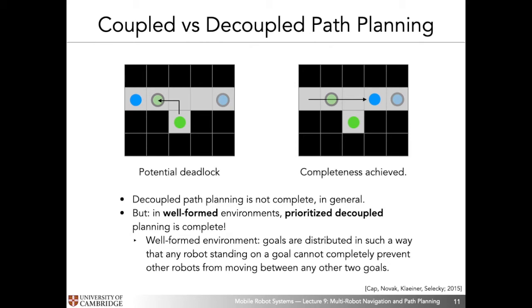So in other words, in a well-formed infrastructure or workspace, a robot is always able to find a collision-free trajectory to any other unoccupied endpoint by simply waiting for the other robots to reach their destination endpoints, and then by following a path around those occupied endpoints, which in a well-formed infrastructure is guaranteed to exist. Okay? So that's basically the meaning of a well-formed environment.